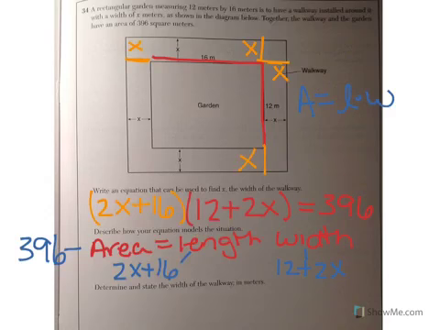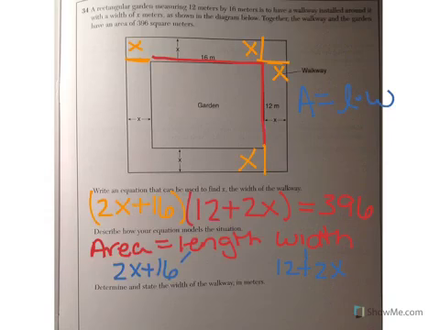So determine and state the width of the walkway in meters. I don't really have room to show you all of my work, so I'm going to have to erase a few things so that I can just write it on the sides here, hoping it will fit.